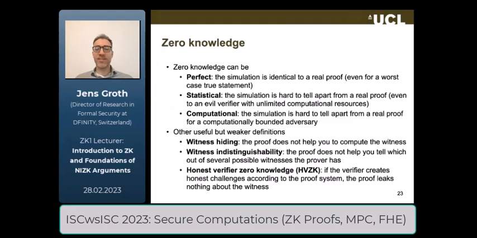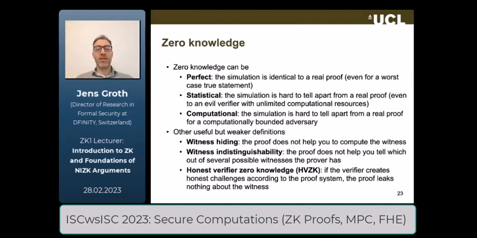Another notion is witness indistinguishability. Imagine that there are many possible witnesses the prover could have for the statement being true. It is clearly a weaker notion than zero knowledge.